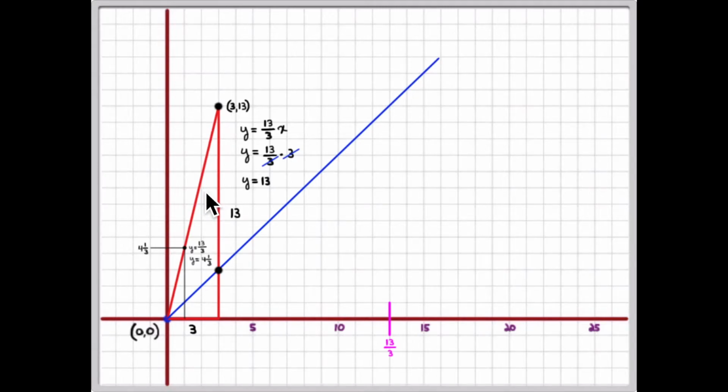So this is 8 right here, 1, 2, 3, 4, 5, 6, 7, 8 2/3. 3 times 13/3 is 39/3, or 13 right here. So with practice, this will begin to make sense.